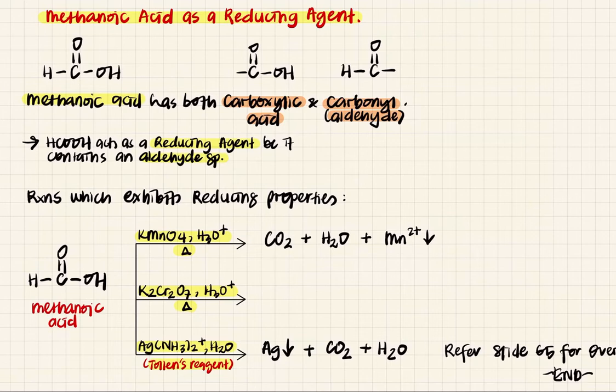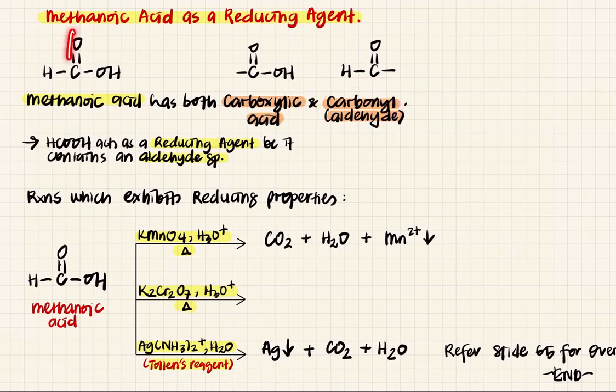So methanoic acid, that means that the acid ada carboxyl group. Okay, and it has 1 carbon. So dia adalah methanoic acid. Meth maksudnya 1 carbon kan. So this methanoic acid, it has both the carboxylic acid functional group dengan carbonyl functional group.